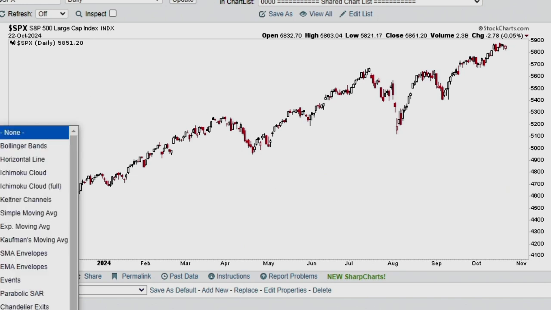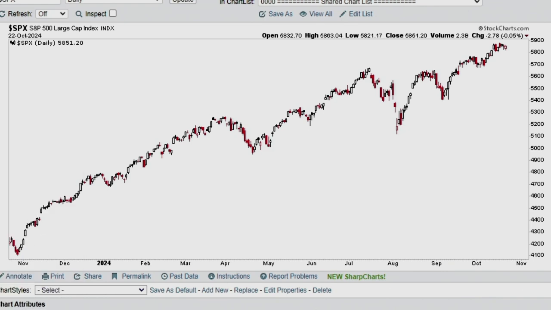If we go to overlays and we add in a simple moving average and we just want the 50-day moving average in this case, you'll see that it gives us a blue line that we can look at. This blue line is the average price of the market over the preceding 50 days.